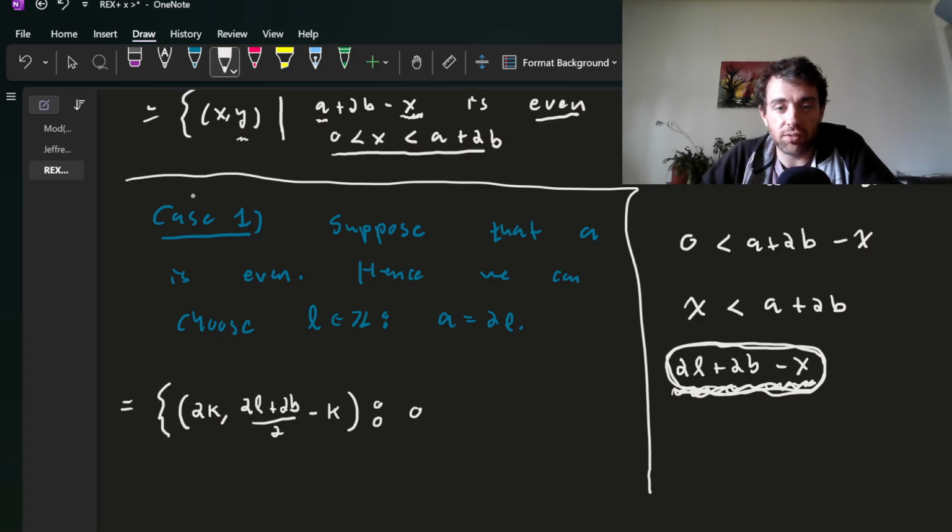And now the even condition has entirely been absorbed into this, so here I'm thinking of x as being equal to 2k.